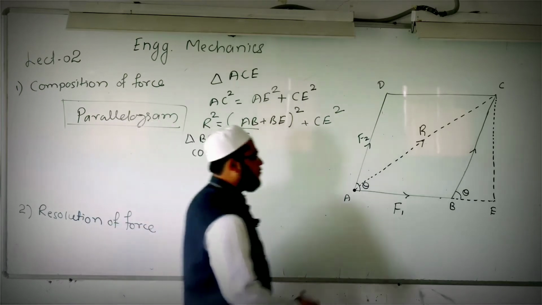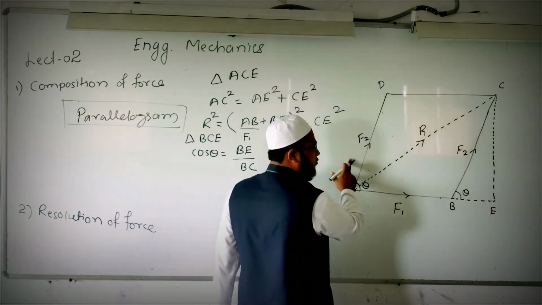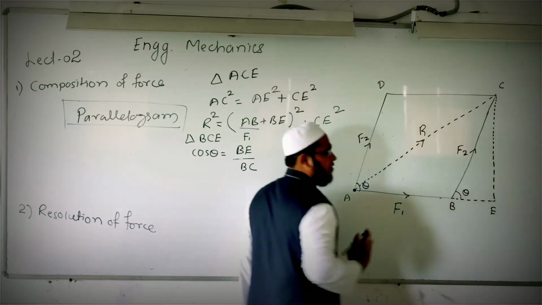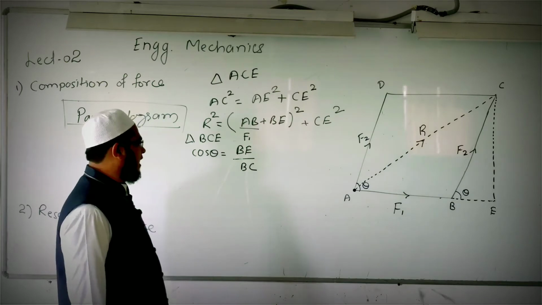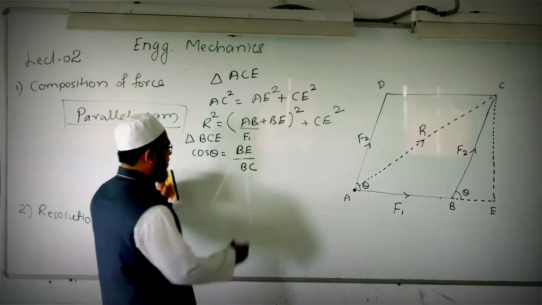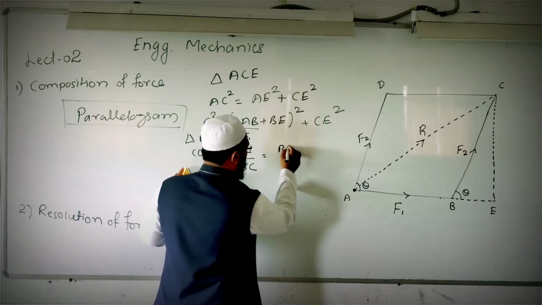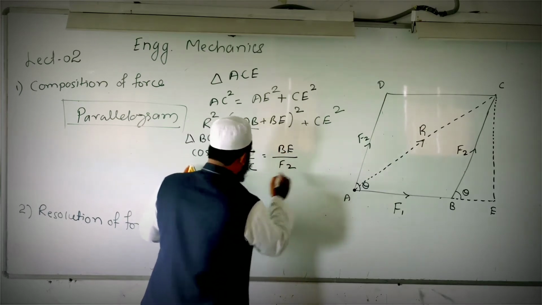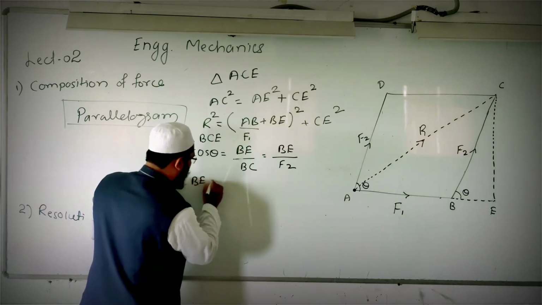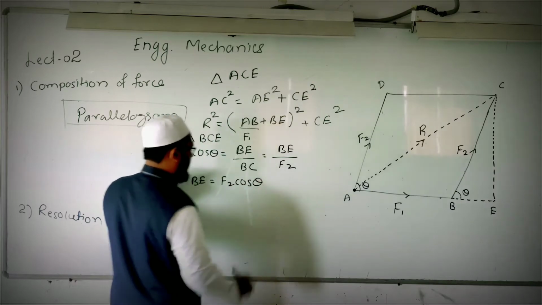The value of BC is F2. If AD is F2, therefore BC is also F2, because in a parallelogram opposite sides are equal and parallel to each other. Therefore, we have to find the value of BE, and BC is F2, therefore BE equals F2 cos theta.